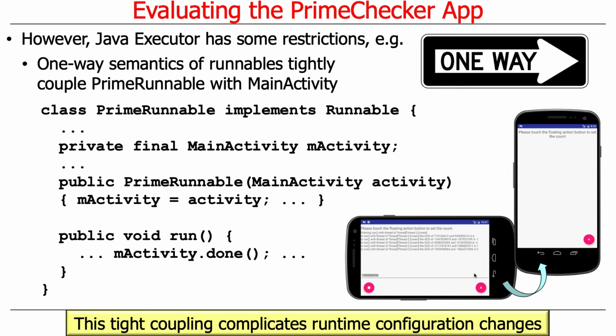This tight coupling gets us into trouble in various ways, not the least of which is anytime we rotate the screen in Android, going from portrait mode to landscape mode or vice versa, that will destroy the existing activity, and so we'll end up not being able to continue the computations running in the background because these things are tightly coupled with a particular activity. So that's undesirable.